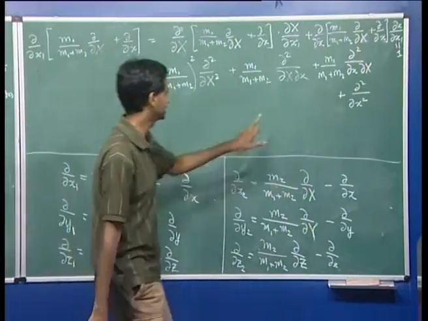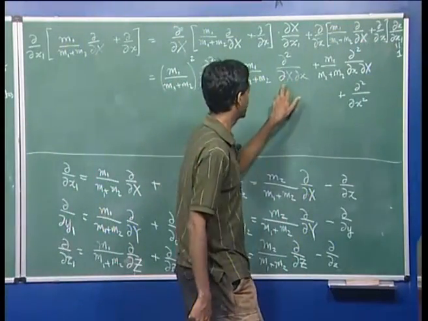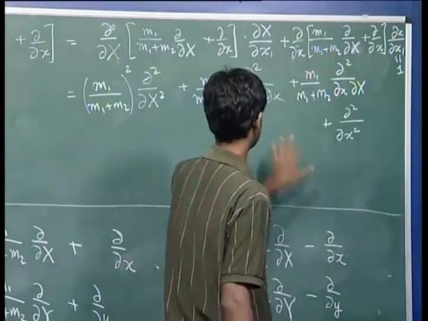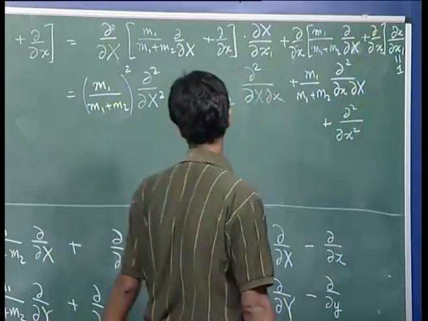Now notice that in these two terms it is only the order of the differentiation that is changed, and if your function is a continuous function of both these variables, then the order of the differentiation does not matter.